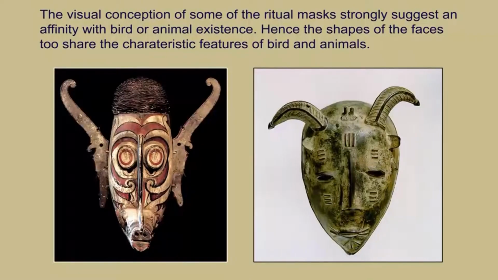Now the visual conception of some of these ritual masks strongly suggests an affinity with bird or animal, and hence the shapes of these faces too share the characteristic features of birds and animals.